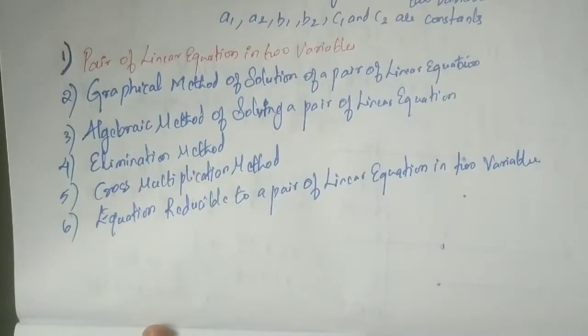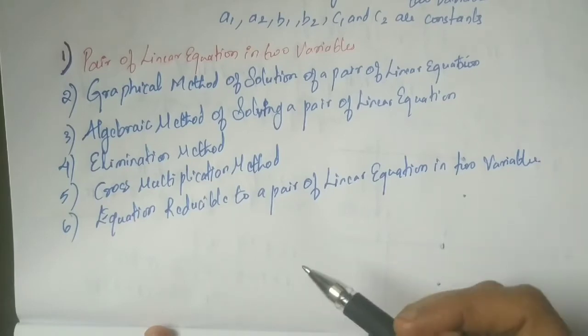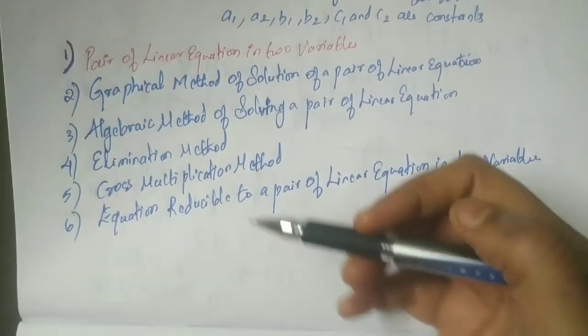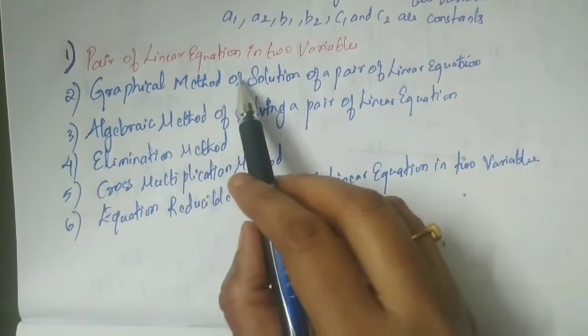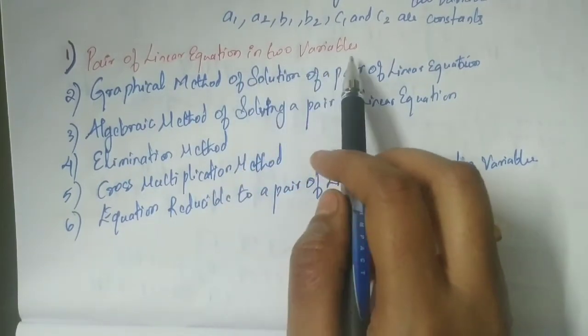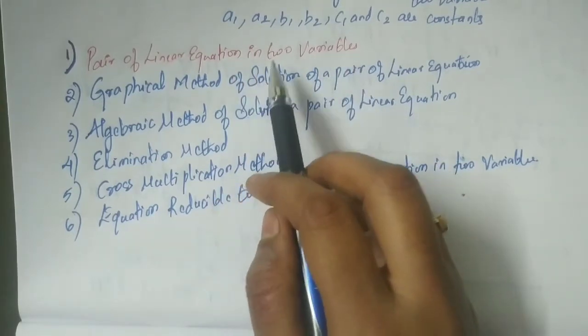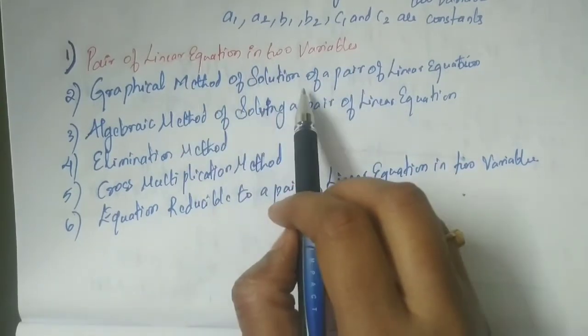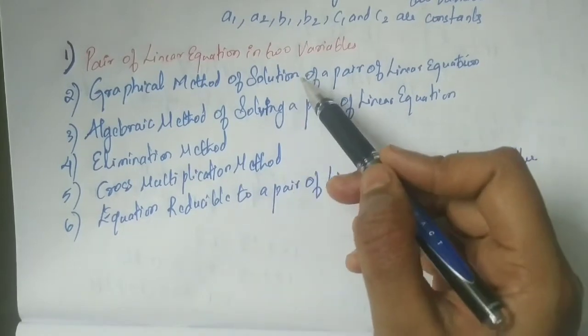So here we are going to study in depth a few concepts. First starts with pair of two variables, right? Next, its graphical representation we will be studying. That means how exactly the two equations, when we solve, how they are presented graphically.